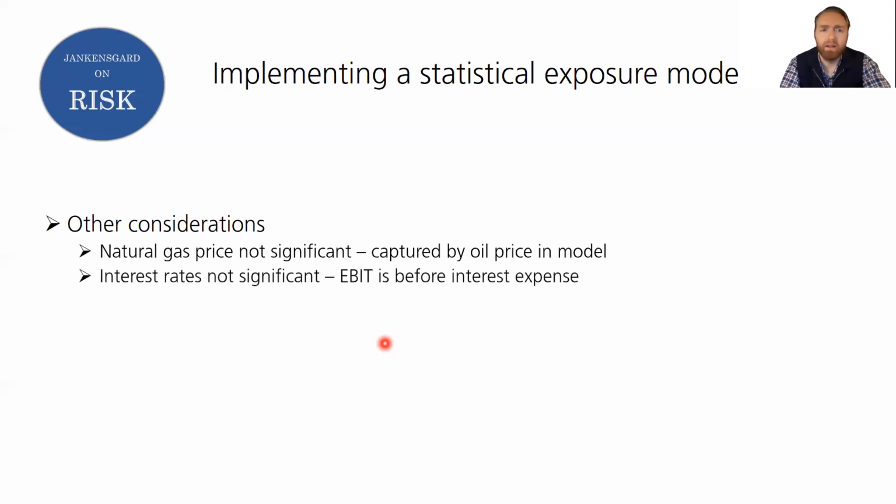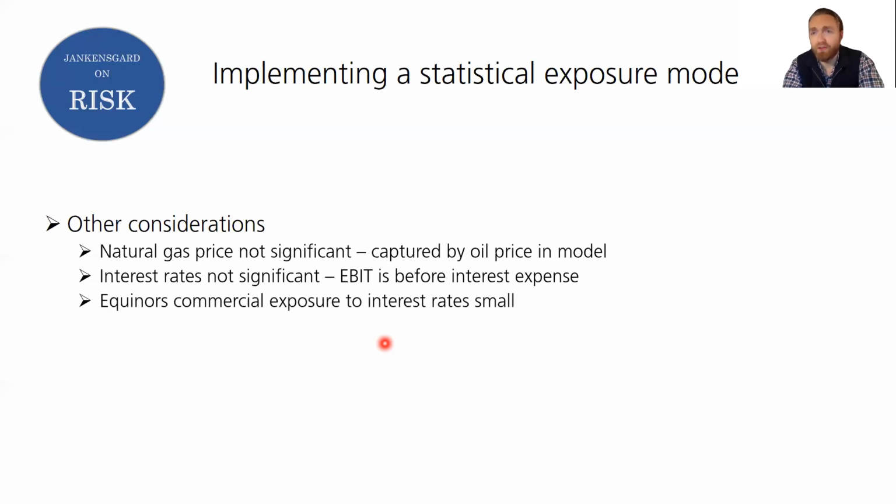We didn't find any effect on interest rates either. EBIT is before interest expense, first of all, so that's expected in that sense. But it should be said that commercial exposure to interest rates exists for many companies. If the interest rate goes down, that can have a beneficial effect on companies that rely on customers being able to buy on credit.